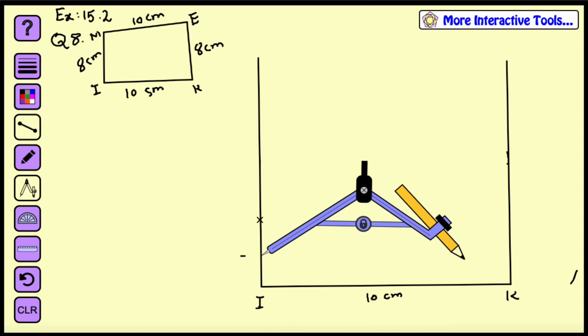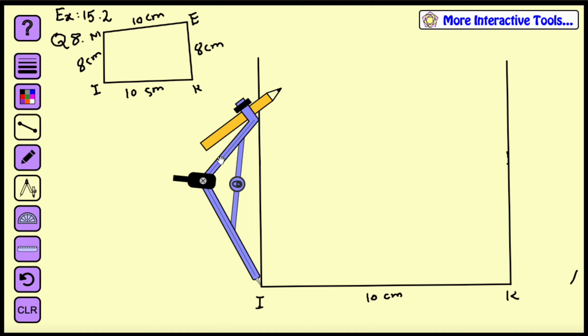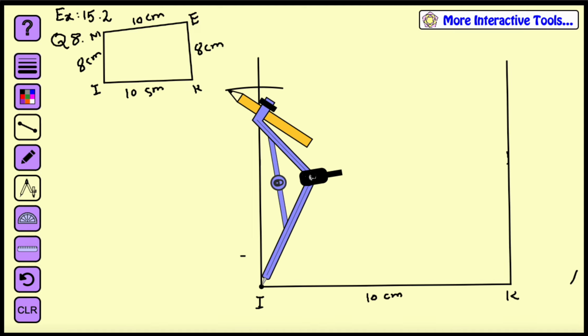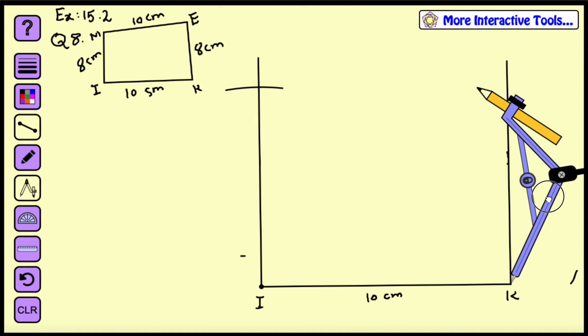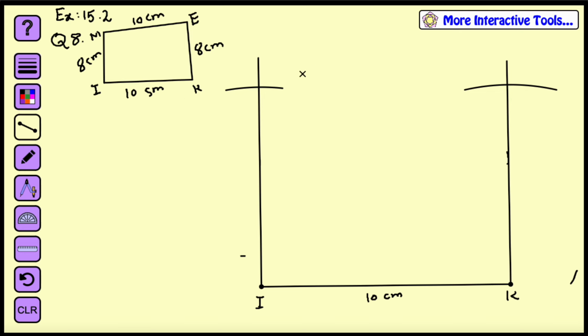What we will do, put here on I, draw an arc. Put on K, draw an arc. Now join these two lines. So this is nothing but MIKE, a rectangle.